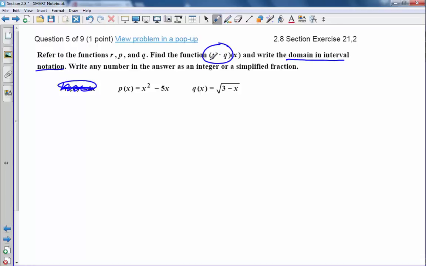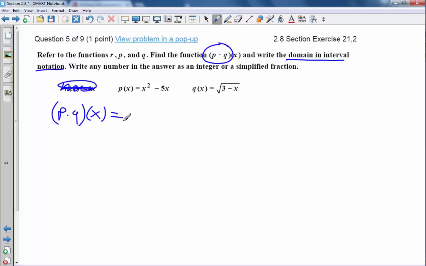You either get domain of P and Q separately and then overlap them, intersect them, and find out that way, or get the equation of the product and determine the domain right from that equation. I would prefer the second way, but if you have no clue how to get the result, but you are just wondering the domain of the resulting function, find domain of each function and overlap it. Okay? Alright, let's first multiply P and Q.